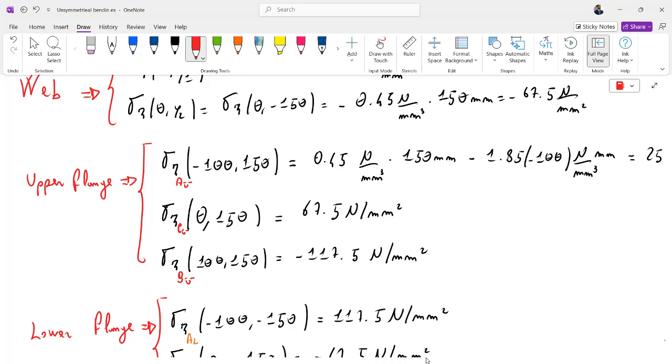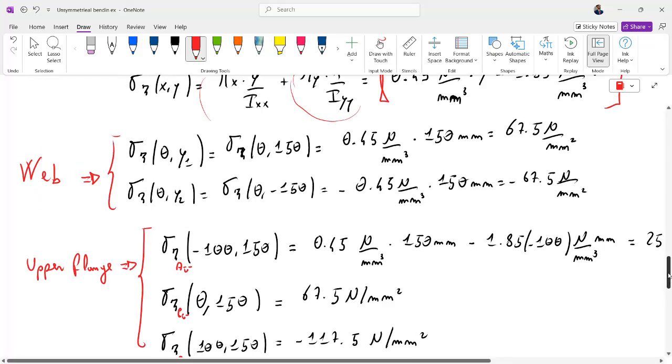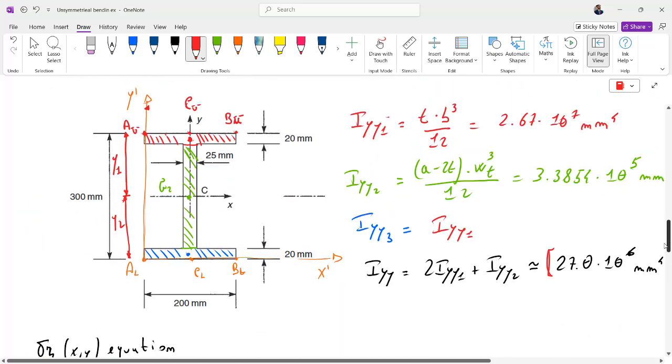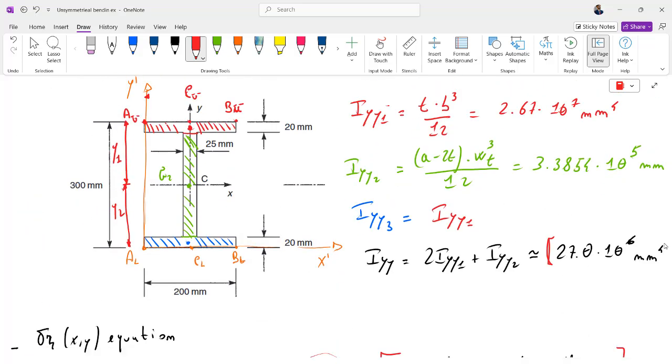This coordinate minus 100 and 150 are these points here, AU, CU, BU. AU is a point that has a coordinate with respect to y of 150.